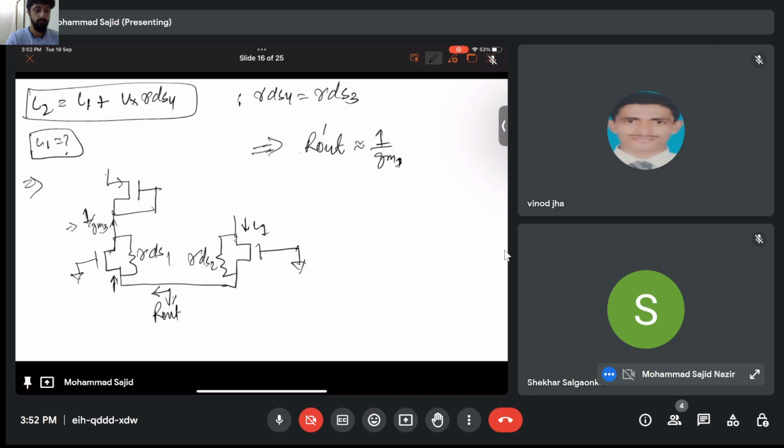Okay. So now, if this is 1 by GM1, my circuit becomes like this, a very simple one. Alright, so this is my I1.